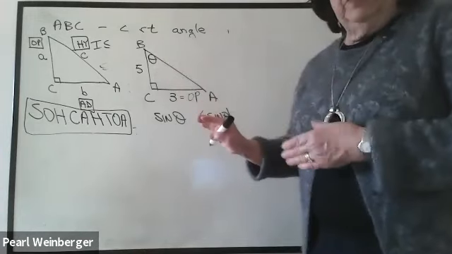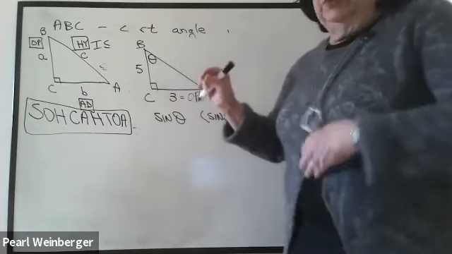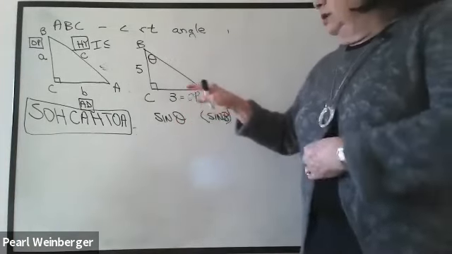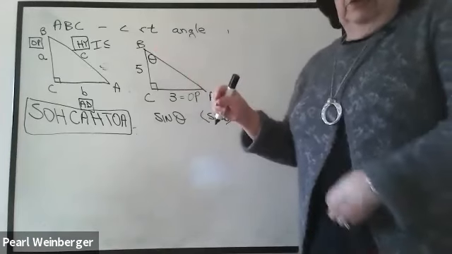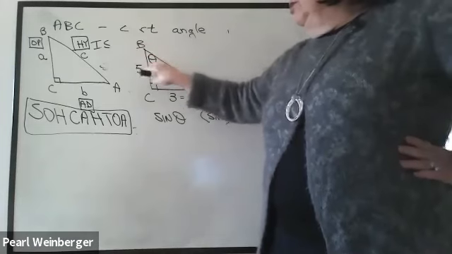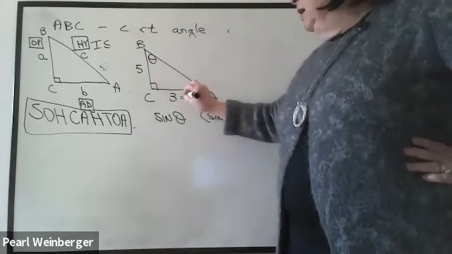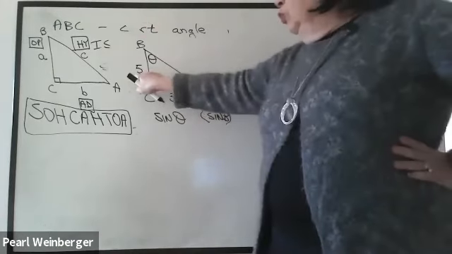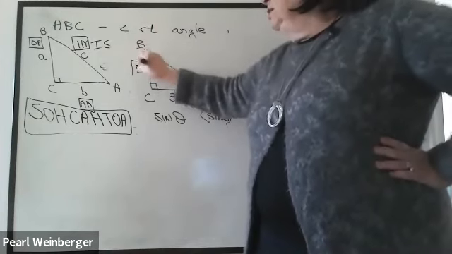That's why we have to be very careful about writing which angle we're doing the sine, the cosine, or tangent of, because it's going to be different depending on the location of the angle. So I have to know the location of the angle. B, or theta, is up here, so the opposite is the one that's across from it is over here. This one is the one that's attached to it. This has to be the adjacent.